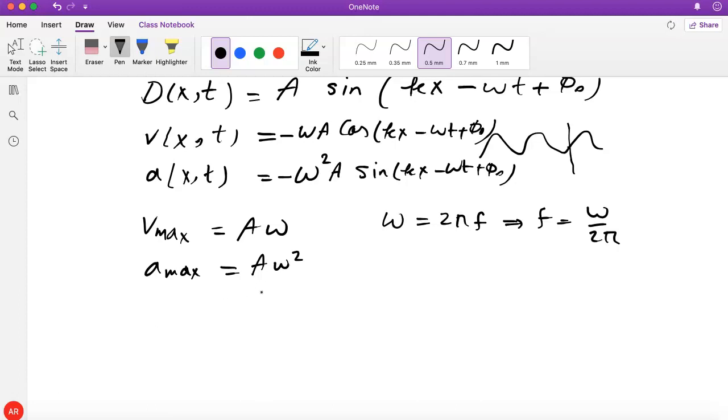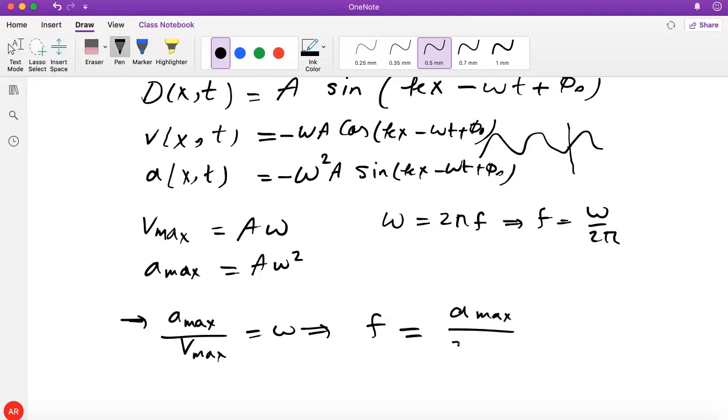Okay, so it seems an easy way to proceed is to divide these equations to say a max divided by v max is just omega. So we're done with that. So f is a max over 2 pi v max.